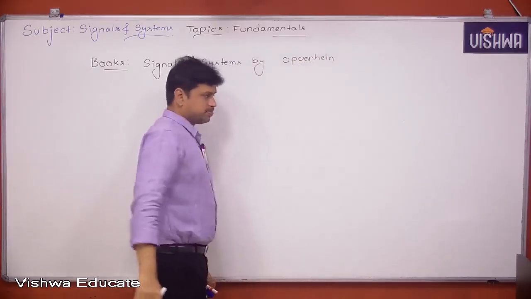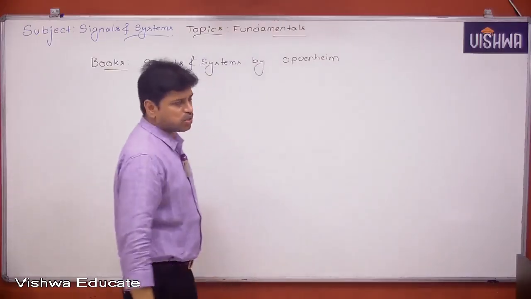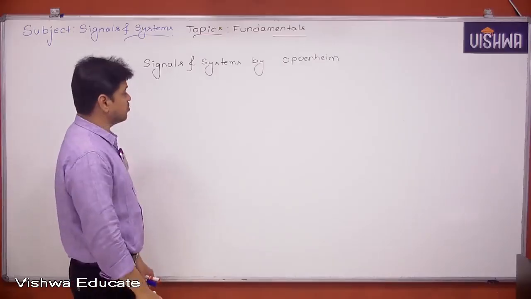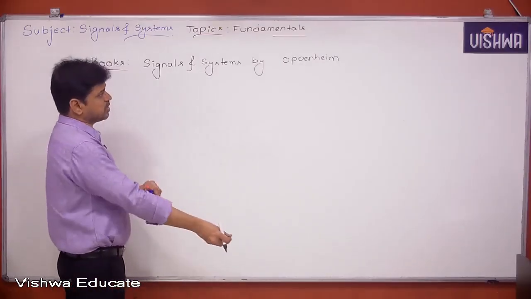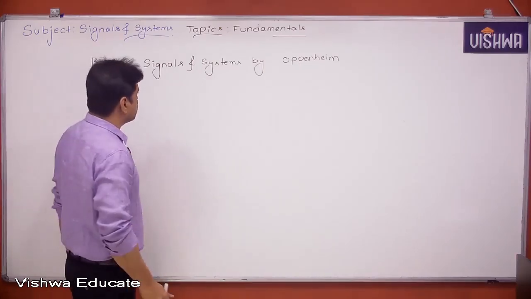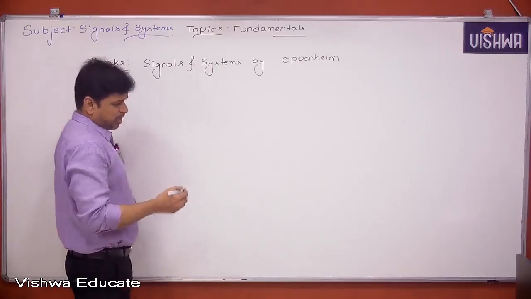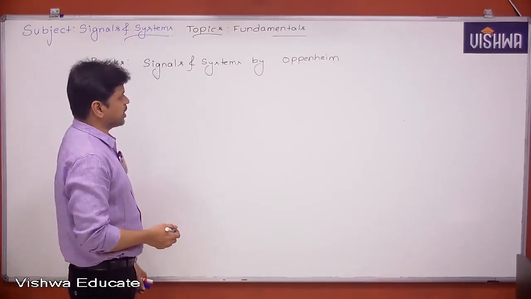This is the book you can prefer for the knowledge of the subject or for the theory part, and you can see so many problems which are repeated in the GATE examination also or in so many PSUs also. And another one is RK Kanodia, you can use for the practice purpose.